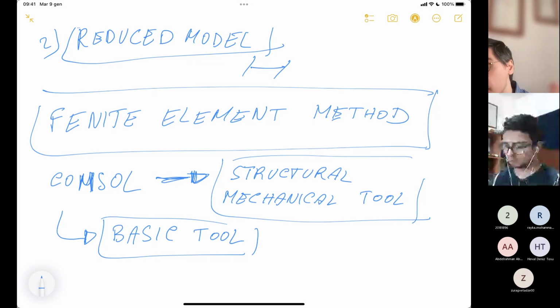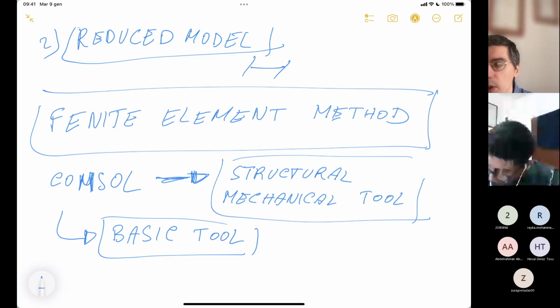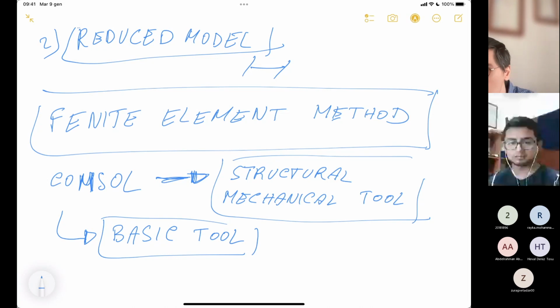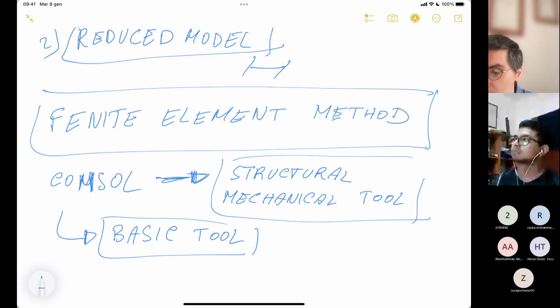But the important thing is that if you have some new model, because you want to be a researcher and you want to build a model which is not in literature, something new, you can do it using the basic tool. So you can solve potentially every model that you can imagine in your mind. So this is a very powerful tool.